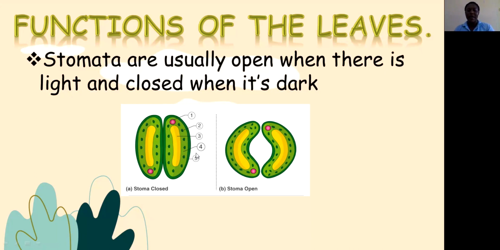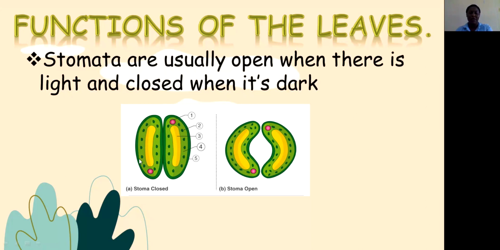During daytime, stomata are open. During night, stomata are closed. When it is dark, at night, the stomata are closed. During daytime, there is a lot of light, so it is open because that is when plants get their sunlight to make their own food.